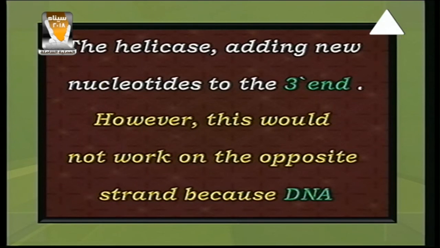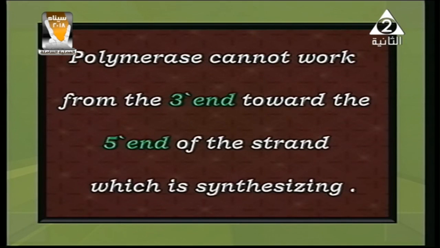However, this wouldn't work on the opposite strand, because we have here a very important point: DNA polymerase cannot work from the 3' end toward the 5' end of the strand which is synthesizing.